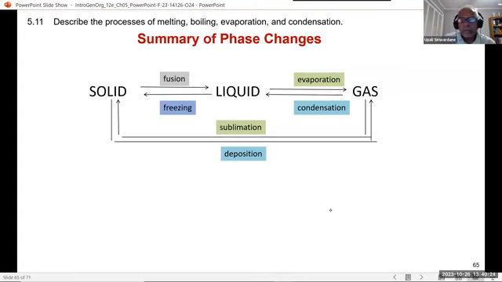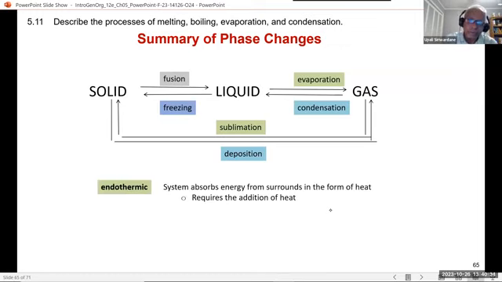The phase changes at the bottom are exothermic. Endothermic are fusion, evaporation, and sublimation. Endothermic means it requires addition of heat for a solid to become a liquid, a liquid to become a gas, or a solid to become a gas. Sublimation requires energy, heat. Exothermic is when heat is released.